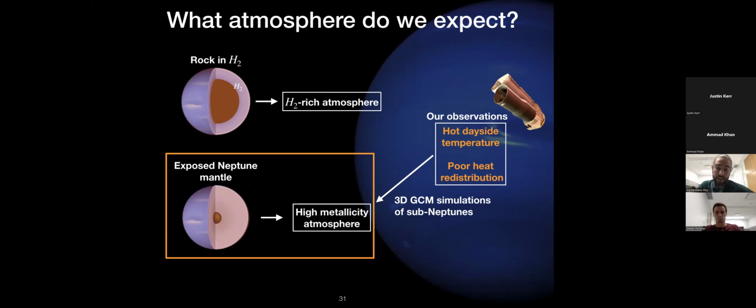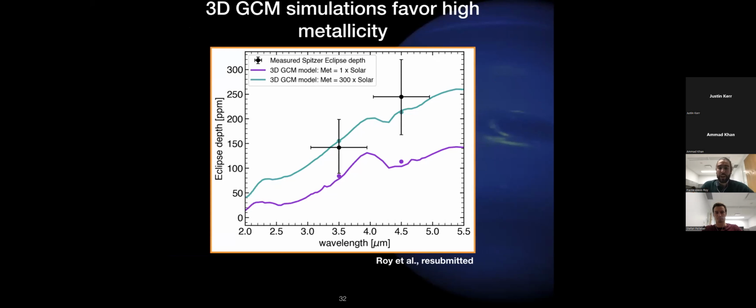And we wanted to test this. So we created 3D GCM simulations of TOI-24b for a low metallicity scenario with more hydrogen and a higher metallicity scenario. And we see that indeed with higher metallicity models, we are able to be consistent with the Spitzer observation, whereas in the hydrogen-rich scenario, we are not.